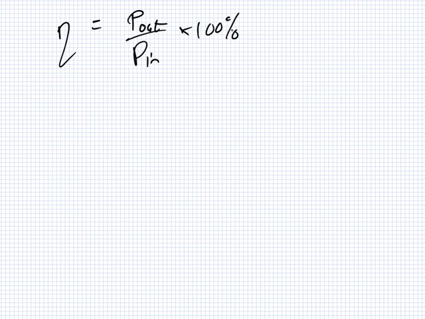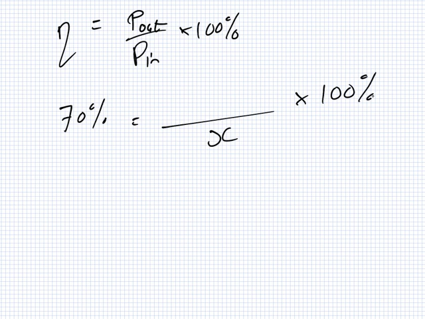So, here we have efficiency equals the output power over the input power times 100%. Fair enough? What's the efficiency here? 70%. The input power is what we're looking for. So the question is, what is the output power here?